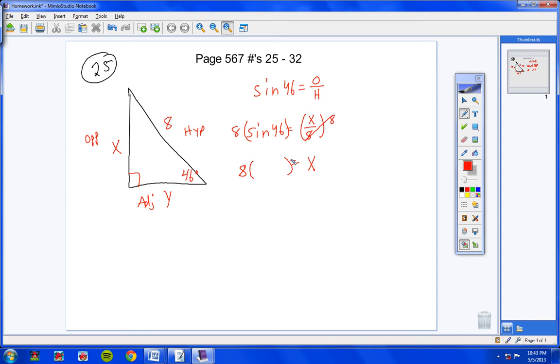Make sure you're in degrees. The sine of 46 is 0.7193. Multiply that times 8, and you get 5.75. So there's the length of one side. That's your x right here.